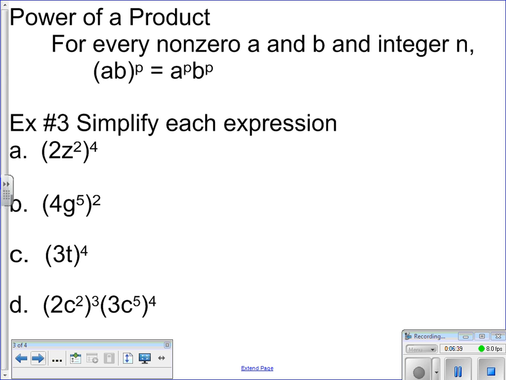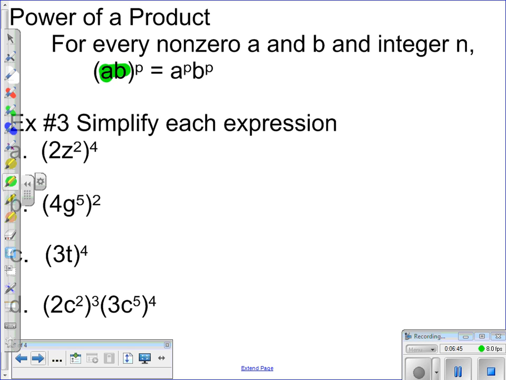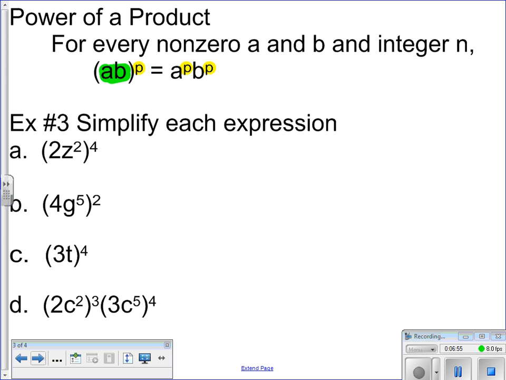Here in the third slide, what we're saying is if you have two things inside a parenthesis, or you can even have more than two things, if there's an exponent on the outside, that exponent has to go with all of the things in parentheses. It's kind of like the distributive property.